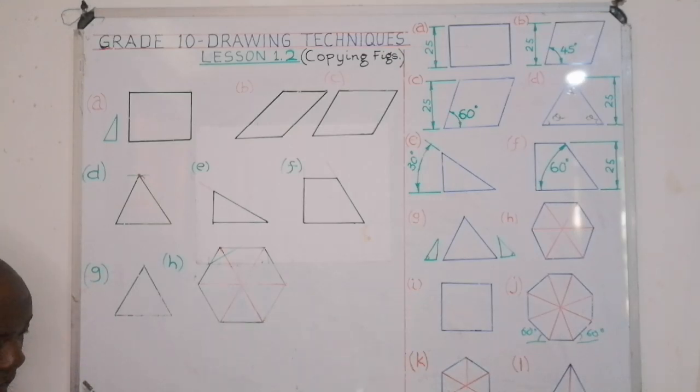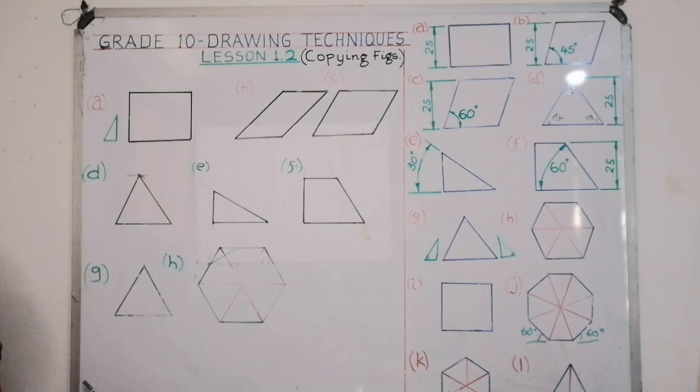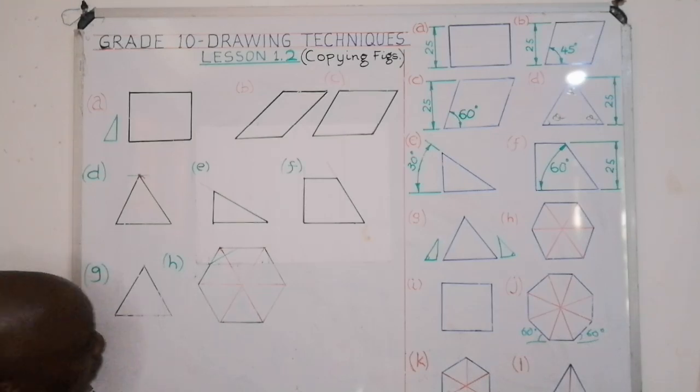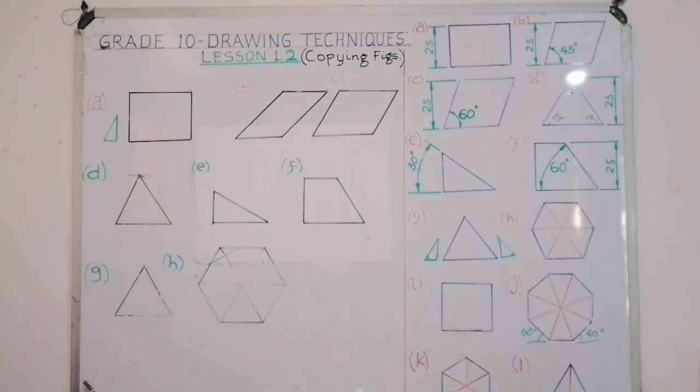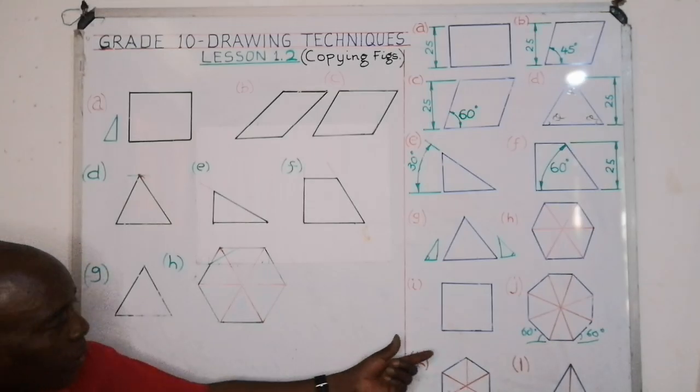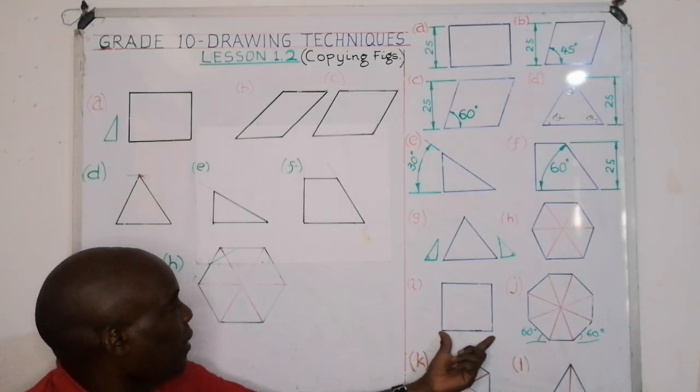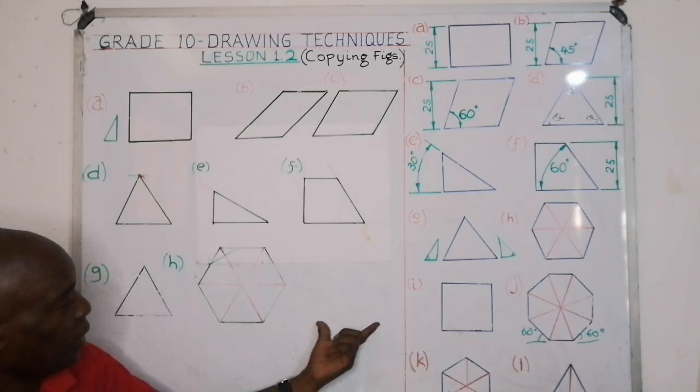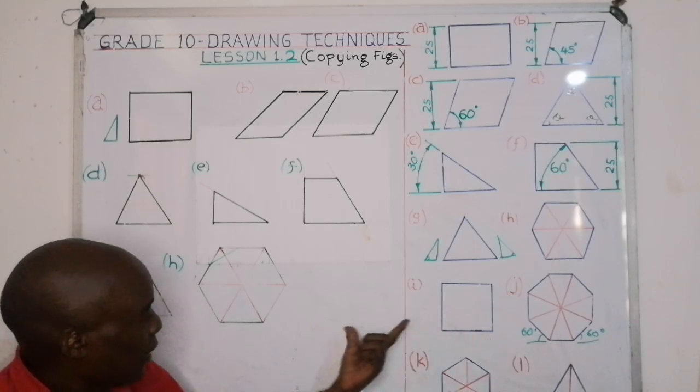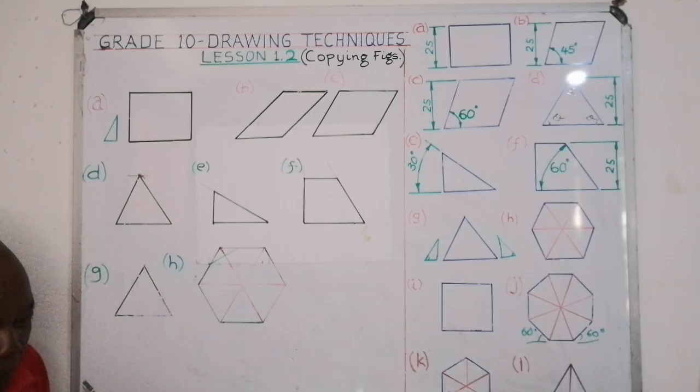And then coming to I, it looks like a square. That's a square, and all the sides are equal. Therefore, we draw the given base according to the answer requirements. So you are given the bases. So that base, I'm going to draw it here.